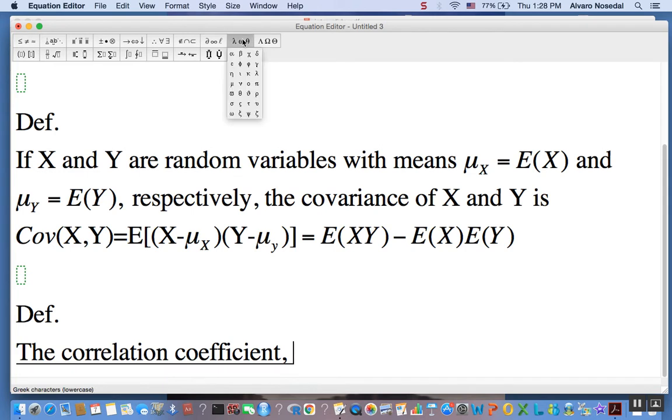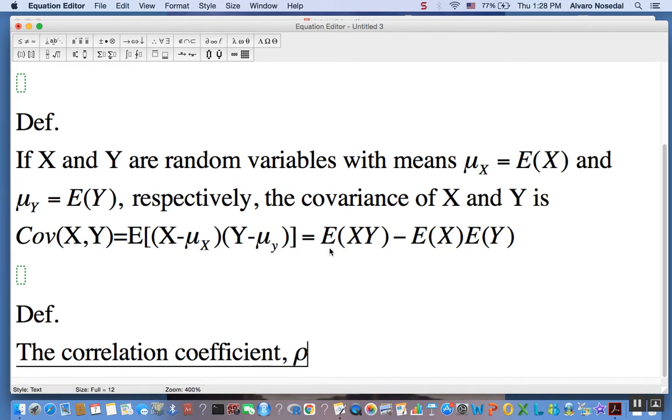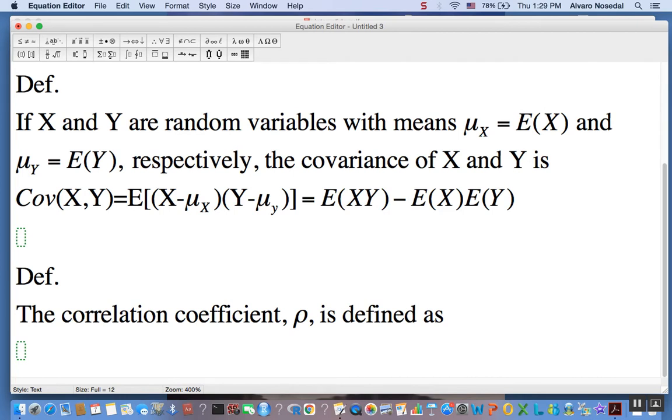We use the letter rho to refer to it, and it is defined as follows. It's just the covariance divided by the product of the standard deviations of x and y.